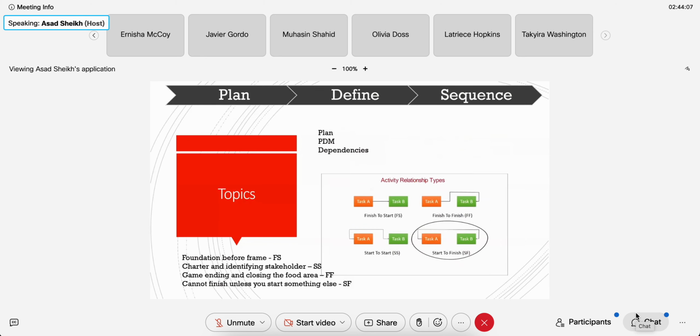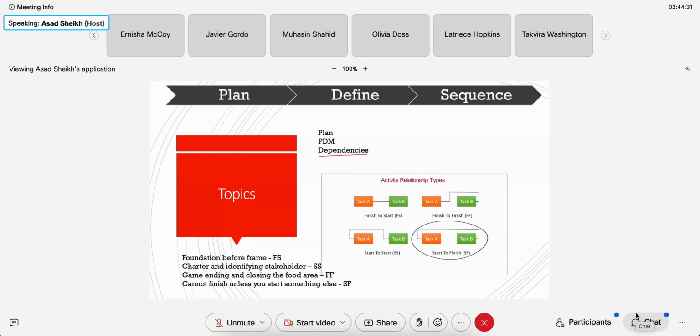There we go. So here is an example of what we mean by FS: finish to start, start to start, finish to finish, start to finish. These are dependencies.